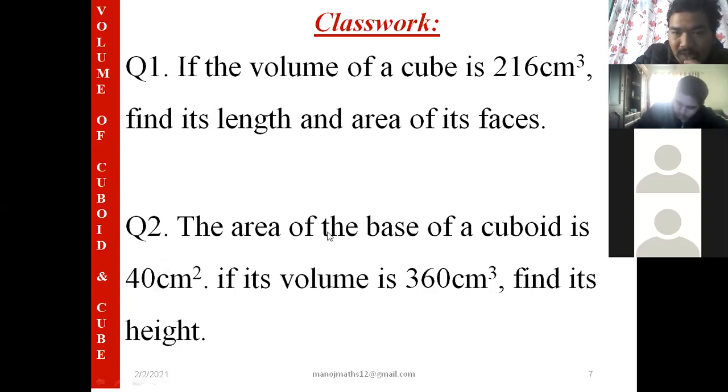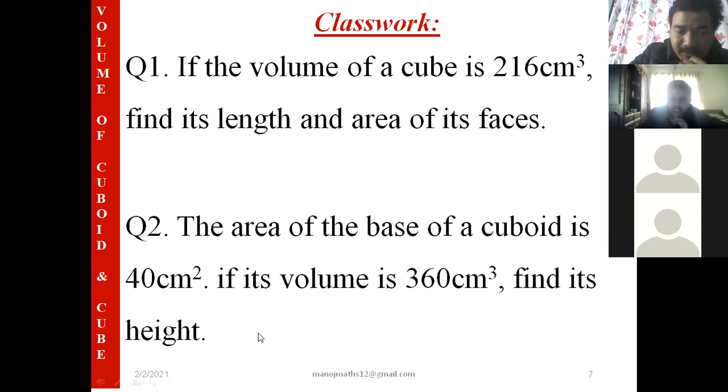And what is the volume given here? 360 centimeter cube. We can find out height easily. Listen to me carefully, note down in copy. Volume equals L into B into H. In place of volume, on the left side, write 360 centimeter cube.